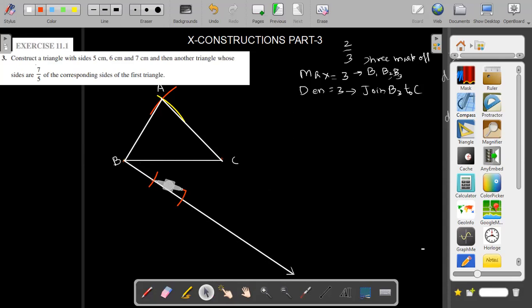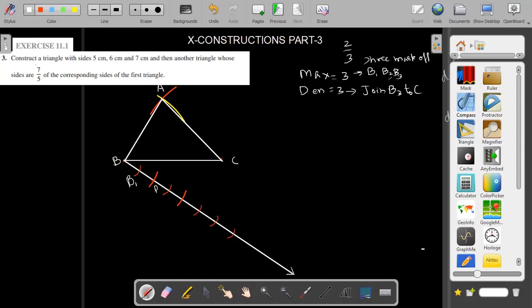I don't think I can make 7 parts like this, so I will make it roughly. 1, 2, 3, 4, 5, 6, and 7 parts.